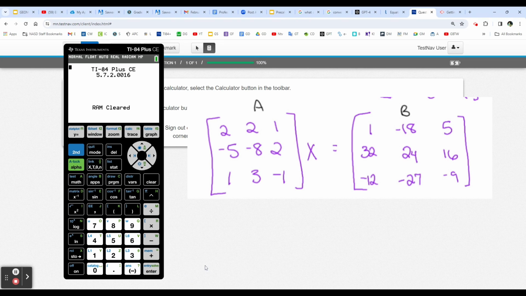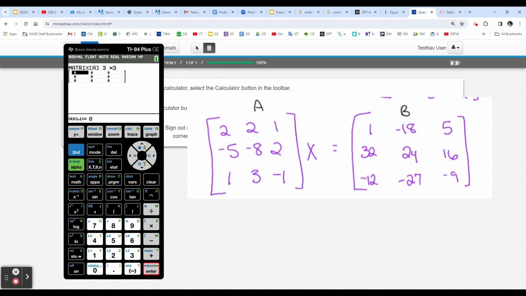So let's go to the side and do that. Let's have some fun with matrices, shall we? As you can see on the screen, I need to find A inverse B. So I'm going to set up A and B. You click second, the matrix button, and then edit A. It's a 3 by 3.